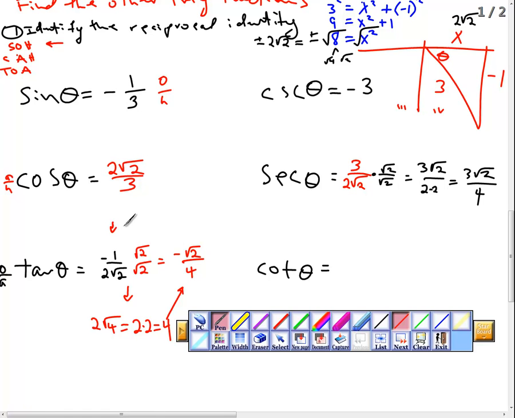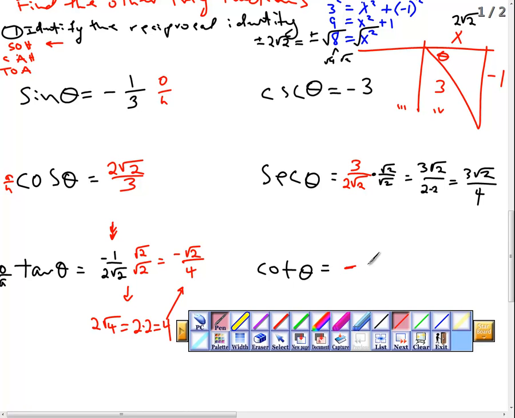And then the last one, we just take that beginning part and just apply the reciprocal to that. So that becomes what? We just take this before you had to rationalize it: 2 square root of 2 over negative 1.